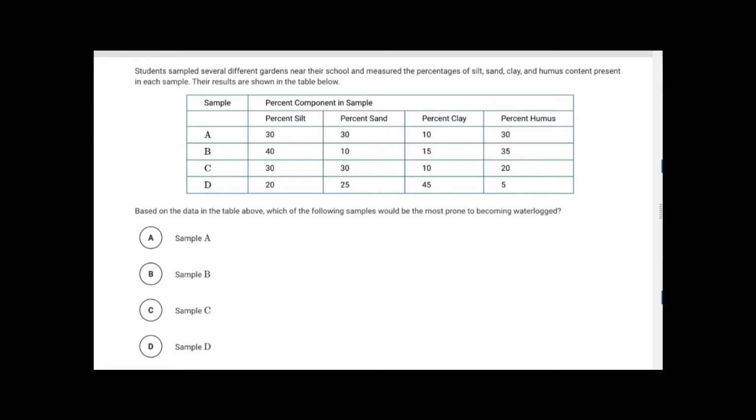You're going to want to look for the soil sample that has the most clay, because clay is the tiniest particle and is more likely to hold water. This one has a lot of clay, so it's the one most likely to be waterlogged. That's how we'll do that one.